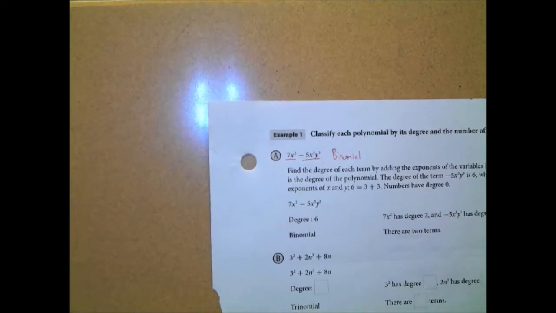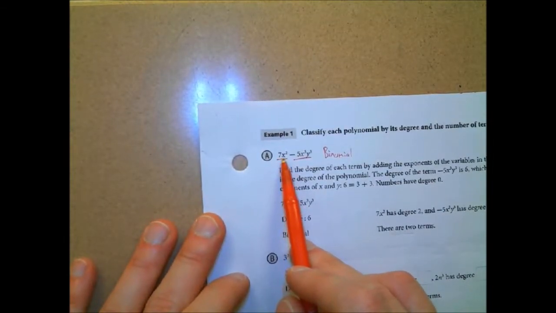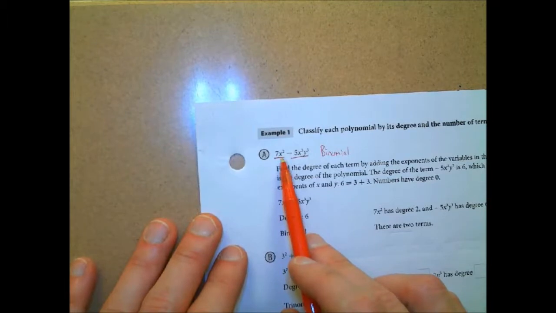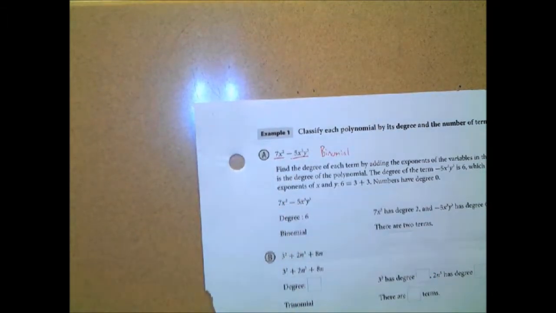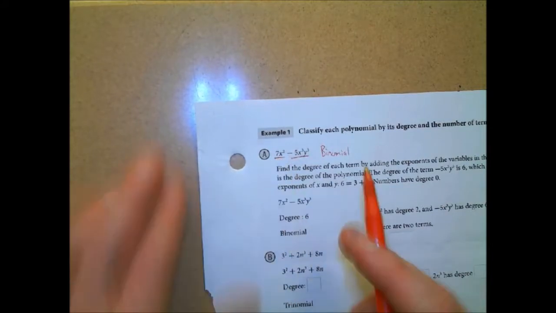Now let's go to Caden. Caden, for this first term here, what's the degree of the first term? Sorry, we're on page 807, letter A. Sean, what's the degree of this first term here? 7?